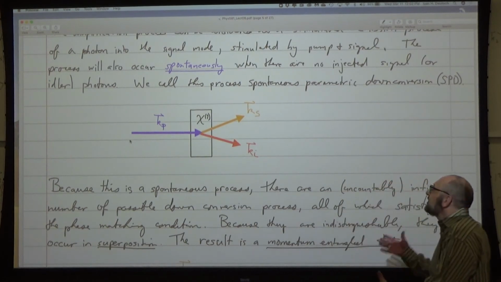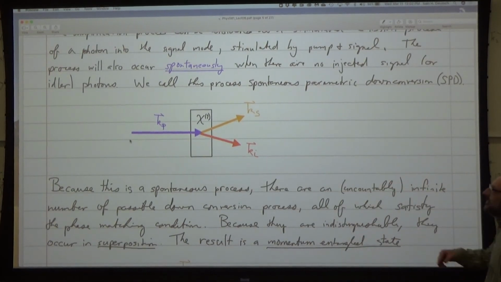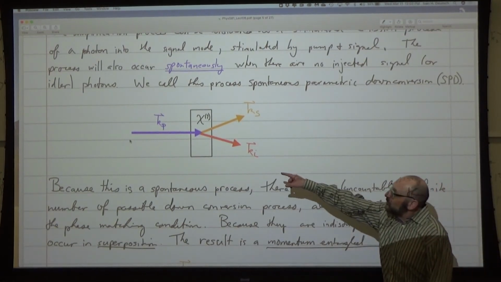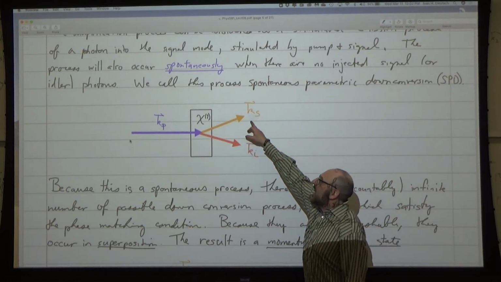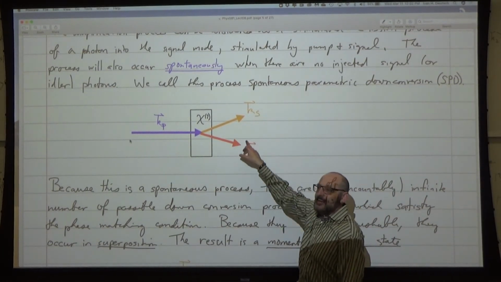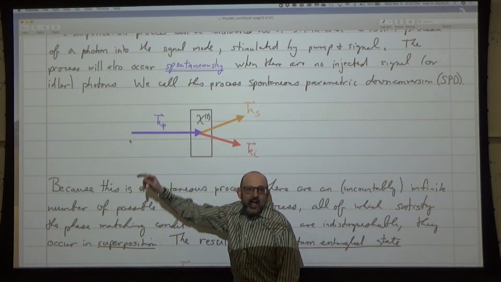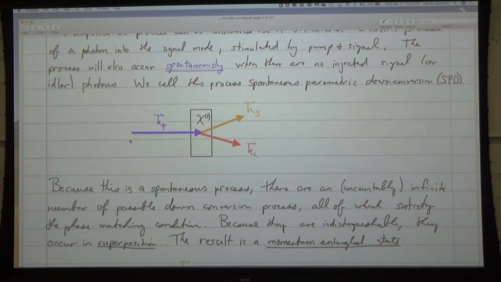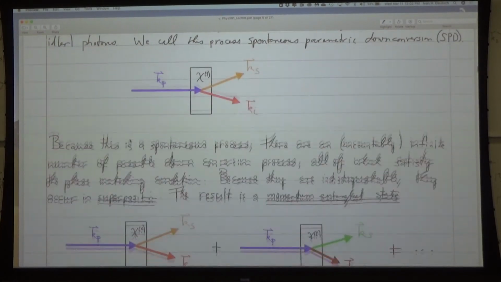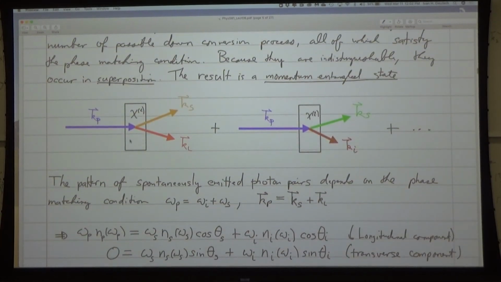Now, because it's a spontaneous process, there are lots of different ways I can add together k_i and k_s to have k_p, as long as omega_i and omega_s add to omega_p. There are lots of different processes.